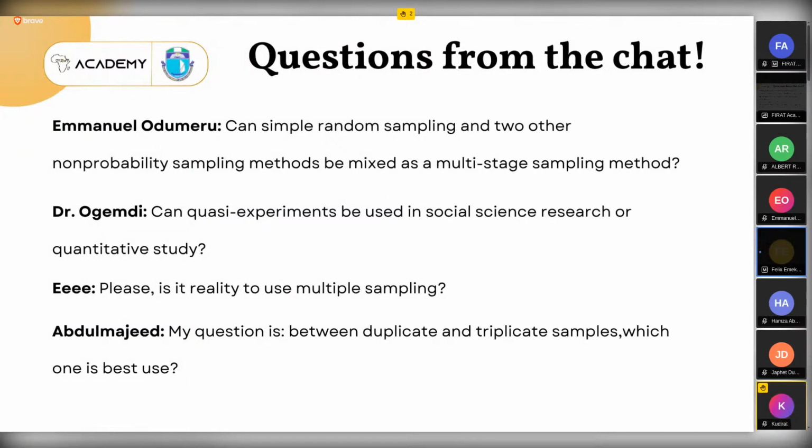Then secondly, there is a control, meaning that you don't only have the treatment group, you also have the control group. And it's also a trial, meaning that whatever treatment you're using is not 100% confirmed. You are still trying it to see whether you can validate it for use. So that's why it's a randomized controlled trial.